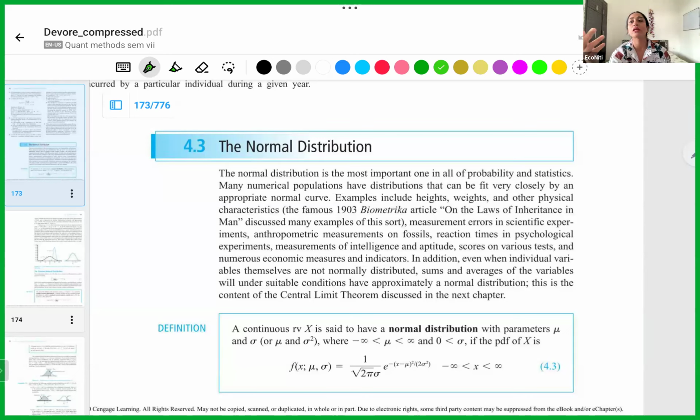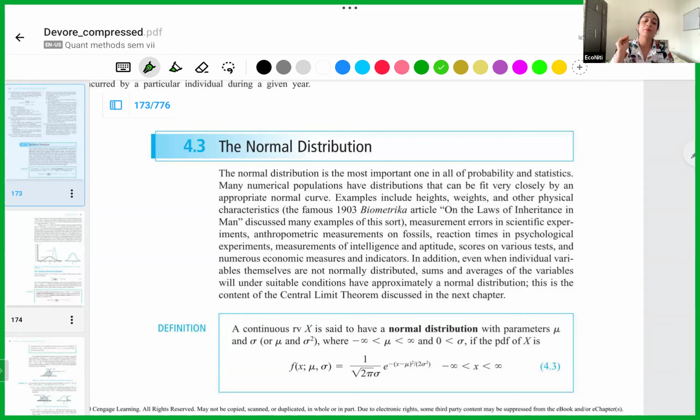If you want to count the wait time before something happens, again another kind of distribution. If you assign each possible value an equal probability, which is a uniform distribution, तो एक अलग किस्म का functional form निकल के आएगा.